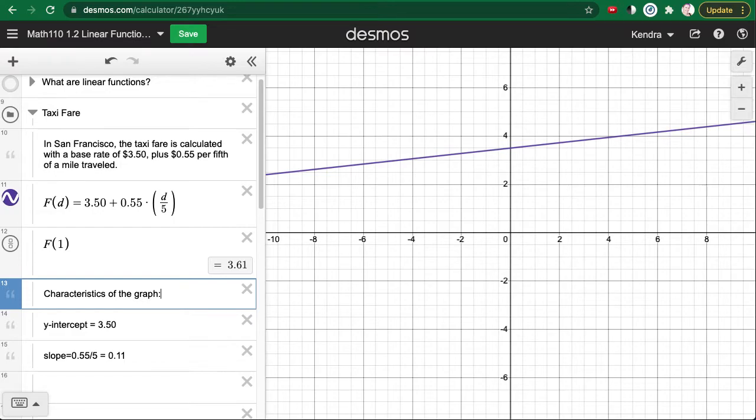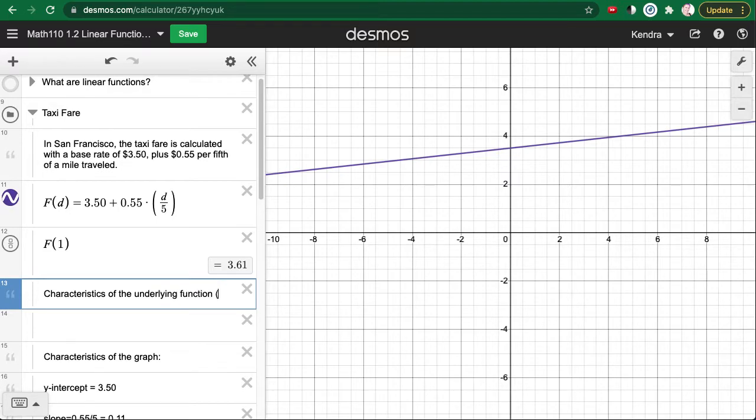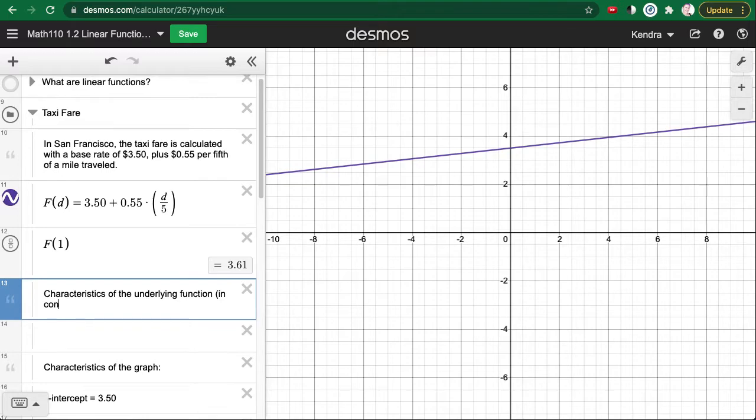So I want to talk about the characteristics of the underlying function in context.